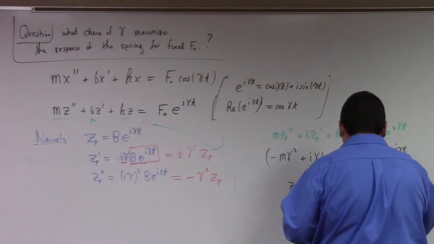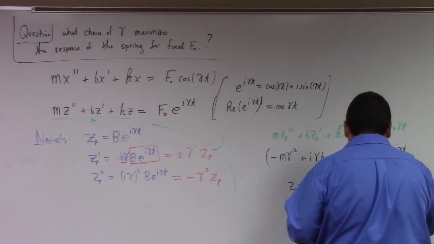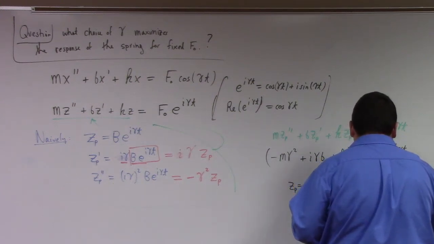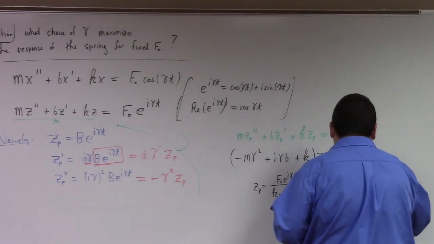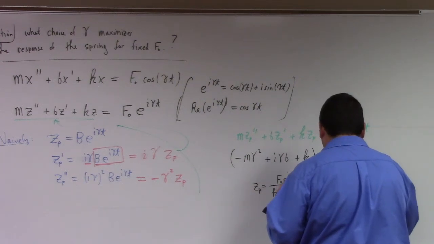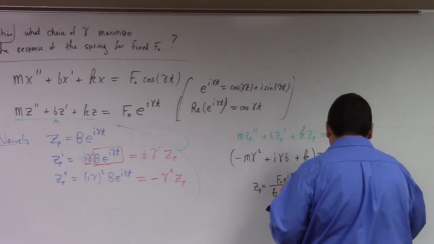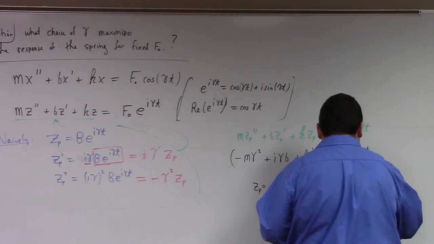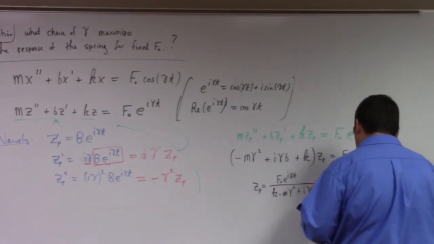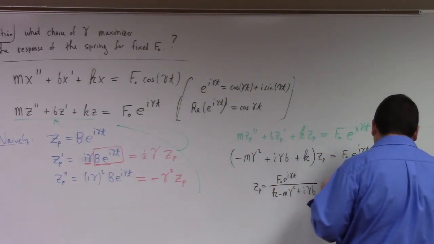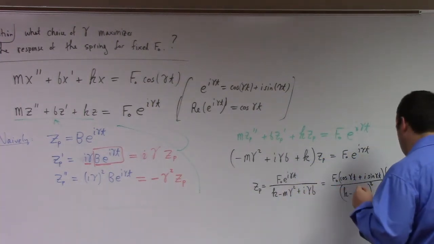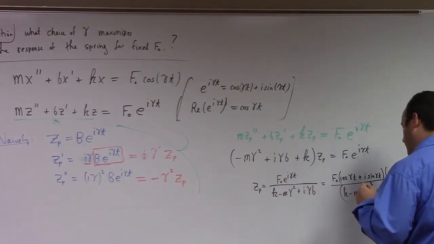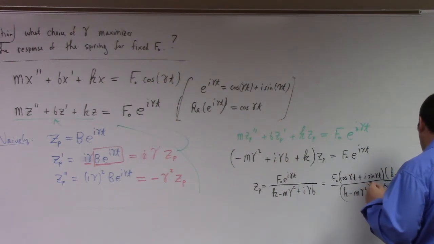What we're looking at is F naught, cosine gamma t plus, I'll leave the F naught factored out, i sine gamma t, divided by k minus m gamma squared plus i gamma b, times k minus m gamma squared minus i gamma b.